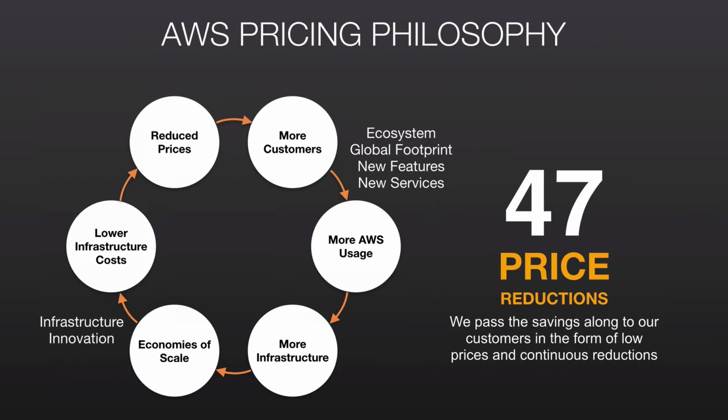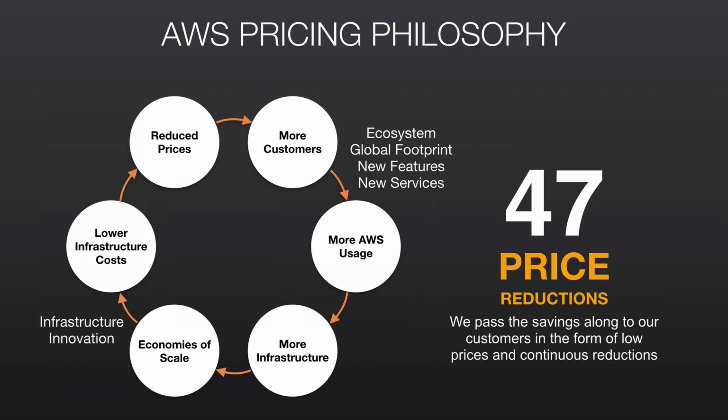And by doing this over the period of time since AWS launched its first services, quite a while ago now actually, back in 2006, believe it or not, we've managed to proactively reduce prices 47 times over that period. The most recent being earlier this year, when we reduced bandwidth charges for our CloudFront content distribution network quite significantly.